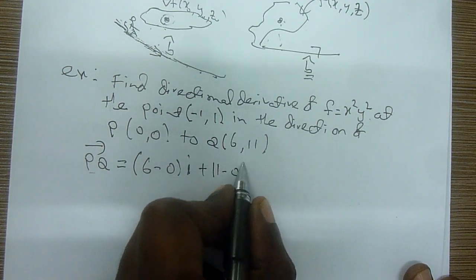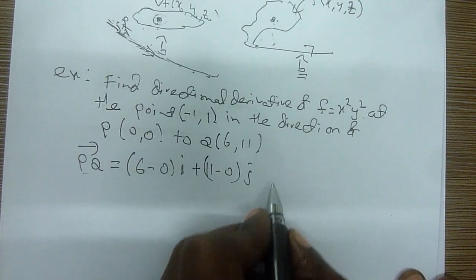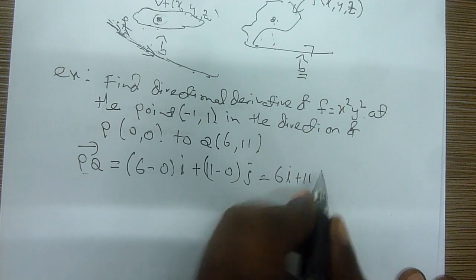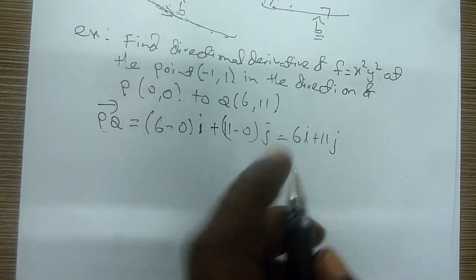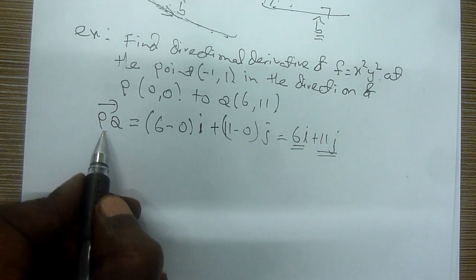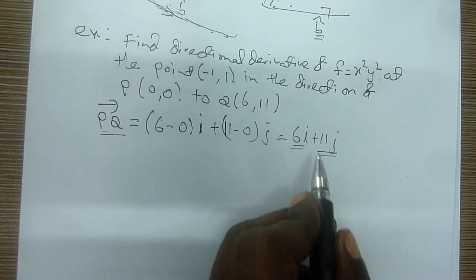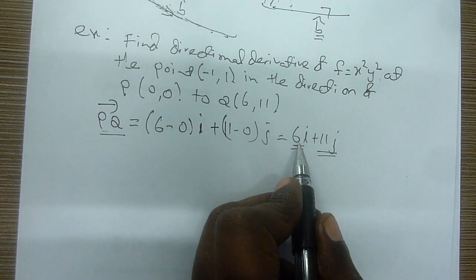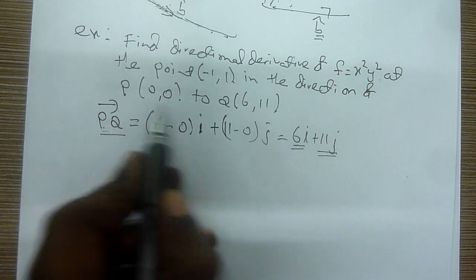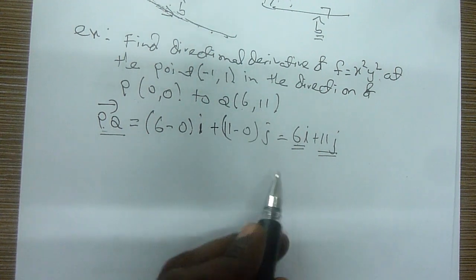This is a simple question actually. Therefore, now I know this will be represented as 6i and 11j. PQ is a vector, 6i and 11j, which we calculated based on the points given to us.